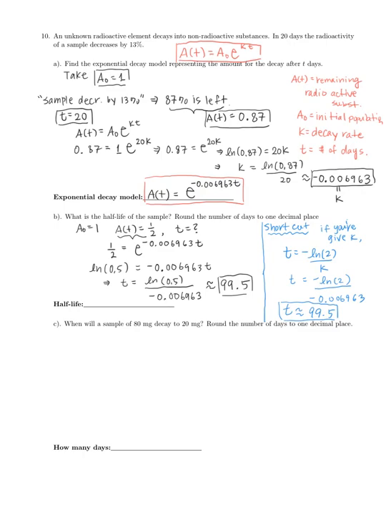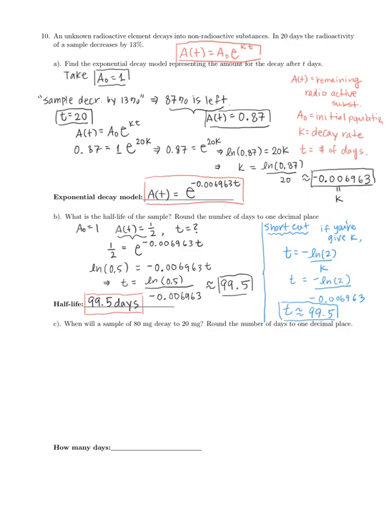Alright, so the half-life is going to be 99.5 days. Let me box that. Okay, so this means half of the radioactive element will become non-radioactive in 99.5 days.